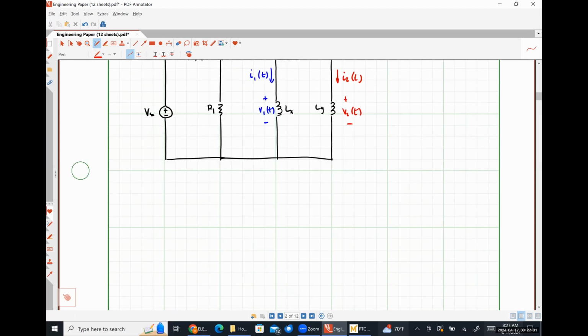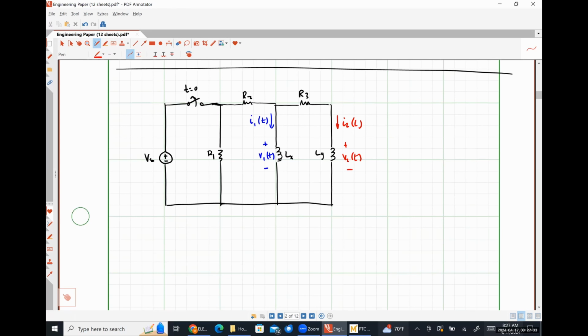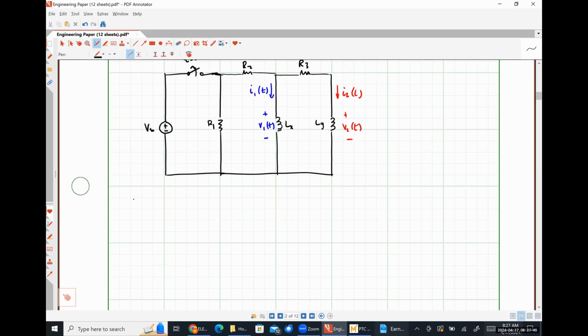So let's start with the KVL expression because it's going to be fairly easy. I'm going to do KVL around the right-hand most loop. And so to me, that's going to look like V1 is equal to R3 I2 plus V2.